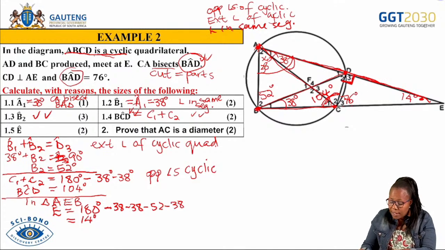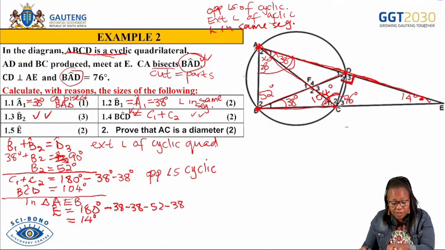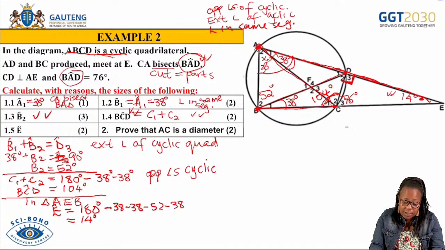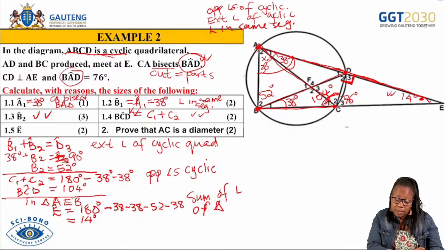And then from the triangle DCE, we have 180 for the sum of angles of a triangle. Then you subtract 76, you subtract the 90. It will still give you what? The 14 degrees there. Okay, remember, this is because of the sum of angles of a triangle. I think you have exhausted everything, grade 12.